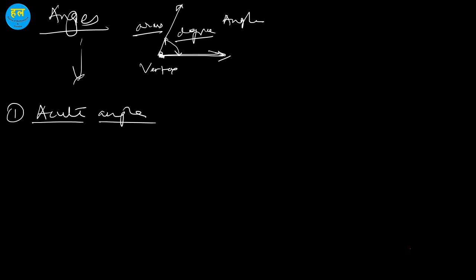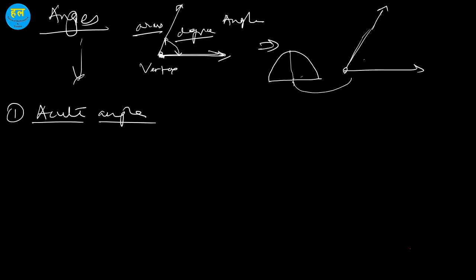Before understanding different angles, let us refresh how to measure degree or angle. Let us suppose this is our angle and we want to measure it. What we will do, we will take protractor. In protractor there will be a center point. On this center point we'll put this vertex, and on this line we'll take this arm.